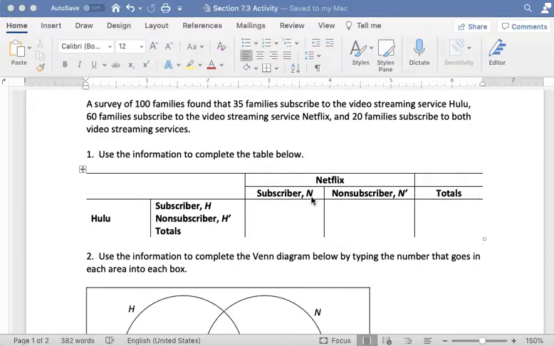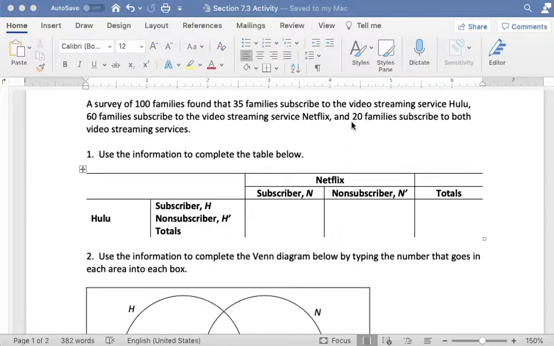Notice that I have the N for subscriber of Netflix, H for subscriber of Hulu, and then I have the N with the apostrophe. That means that they don't subscribe. Remember from when we talked about set notation, this apostrophe means not. So non-subscriber of Netflix and non-subscriber of Hulu.